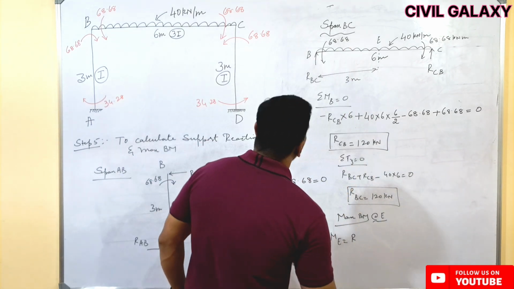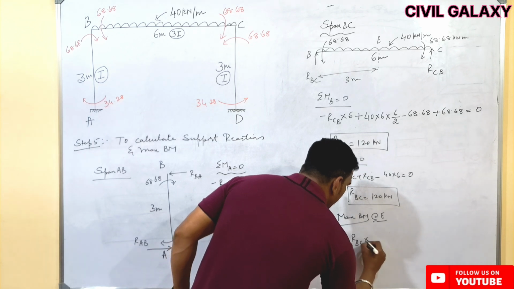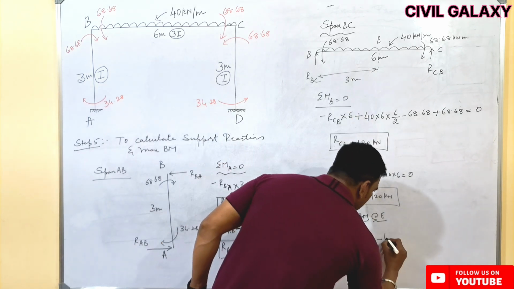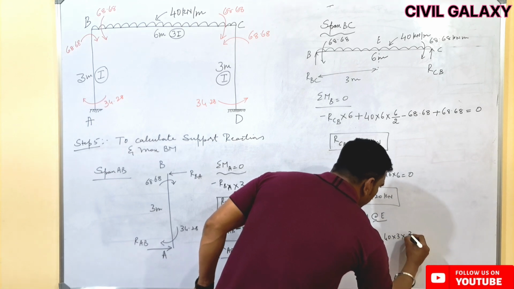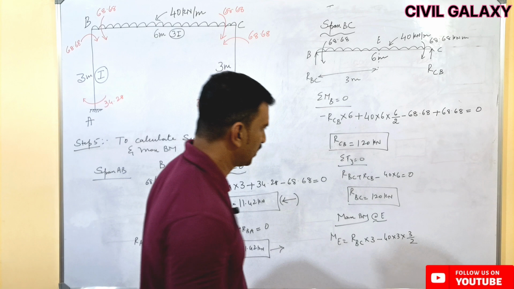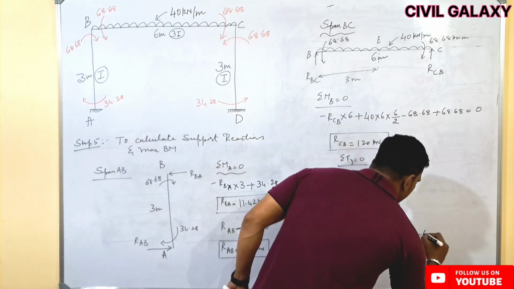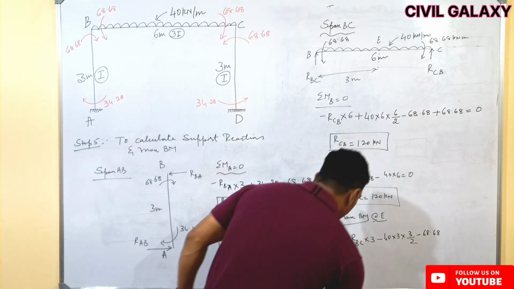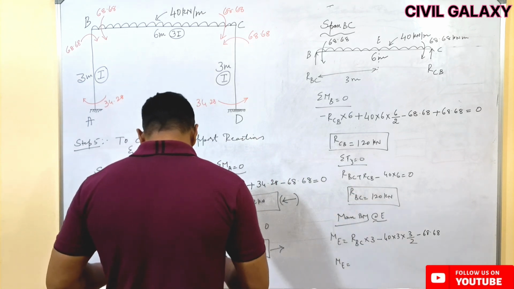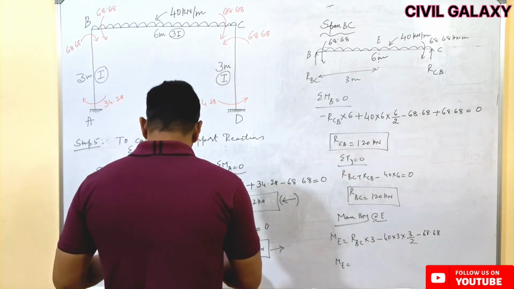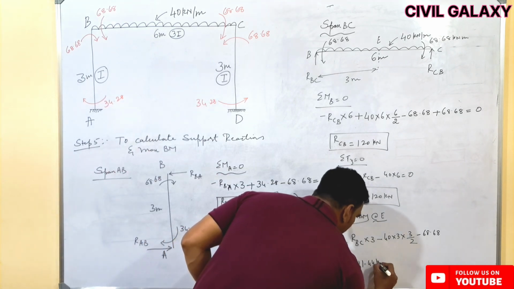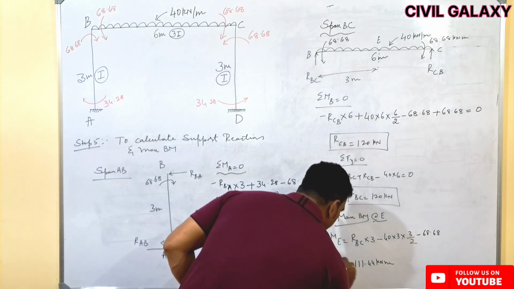So RBC into 3 minus the load, which is minus 40 into 3 into 3 by 2, and here one anti-clockwise moment which is minus 68.68. So the maximum bending moment about E, we get a value of 111.44 kilonewton meters.